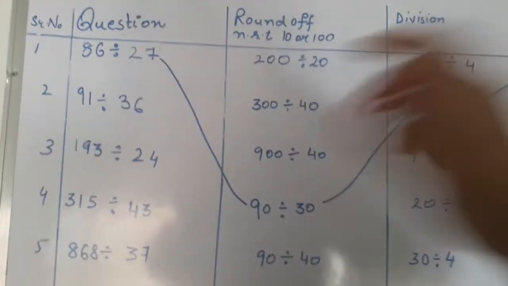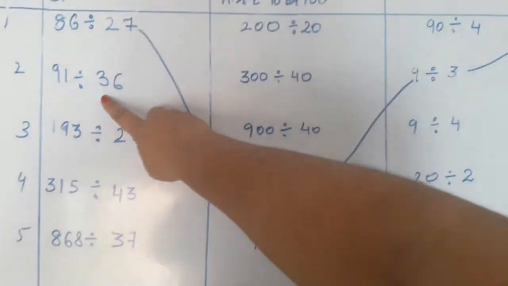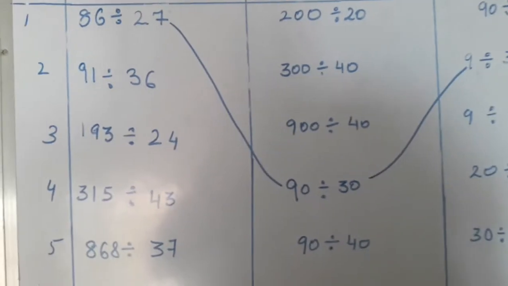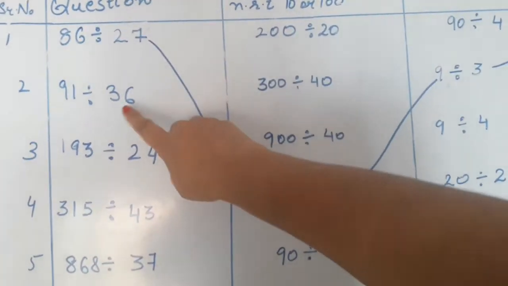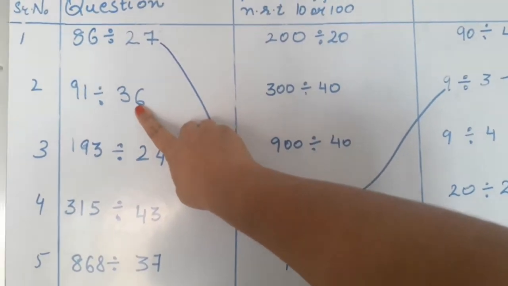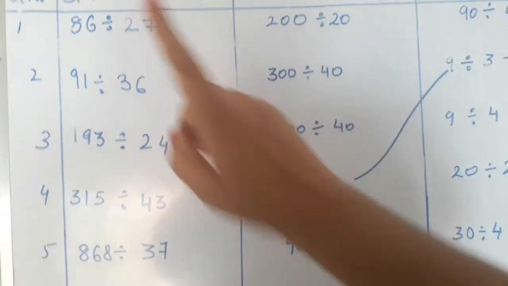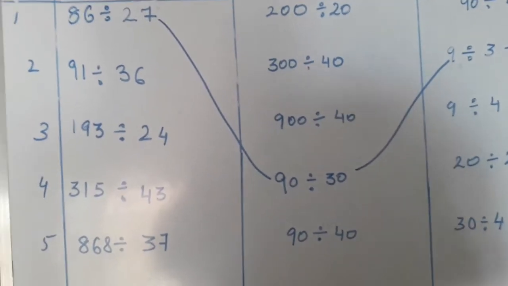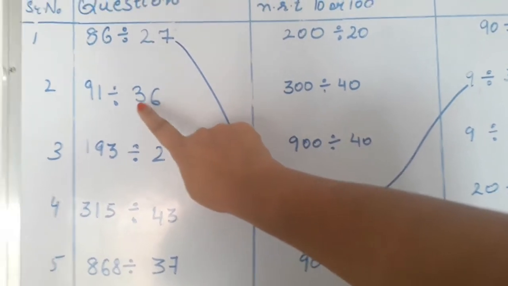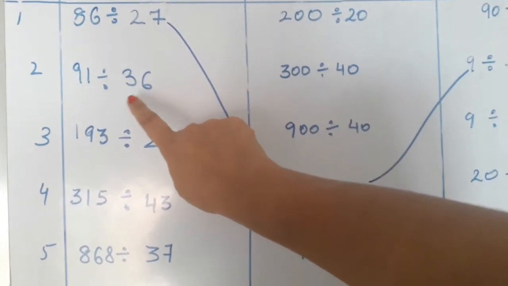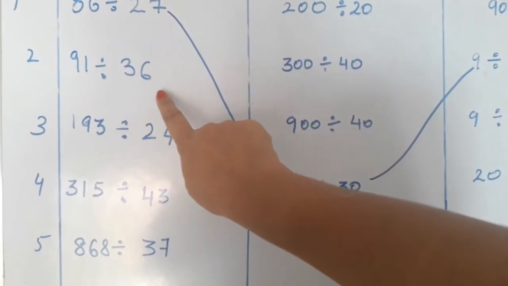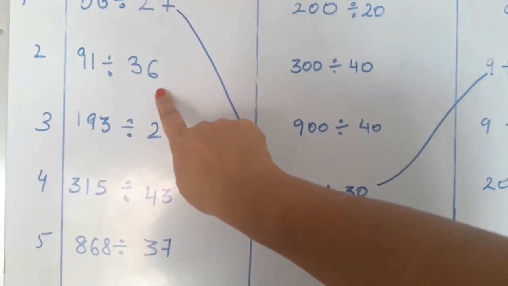Clear? Okay. Now who will tell me what about this 36? Which place will you see? Yes, you will see the ones place. The ones place is greater than 5. It means you will add 1 to the tens place and put 0 at the ones place.